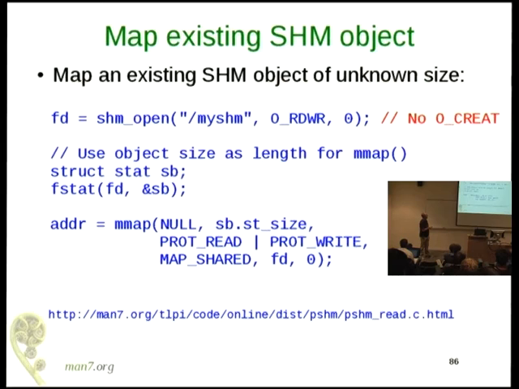Then I need to find out how big that object is because someone else has already created it and sized it. So I make an fstat call which passes one of these stat structures as a second argument, and as a result I get back the size of that object. And I use that in my mmap call to specify how big my mapping is. And then it looks very much the same as before.